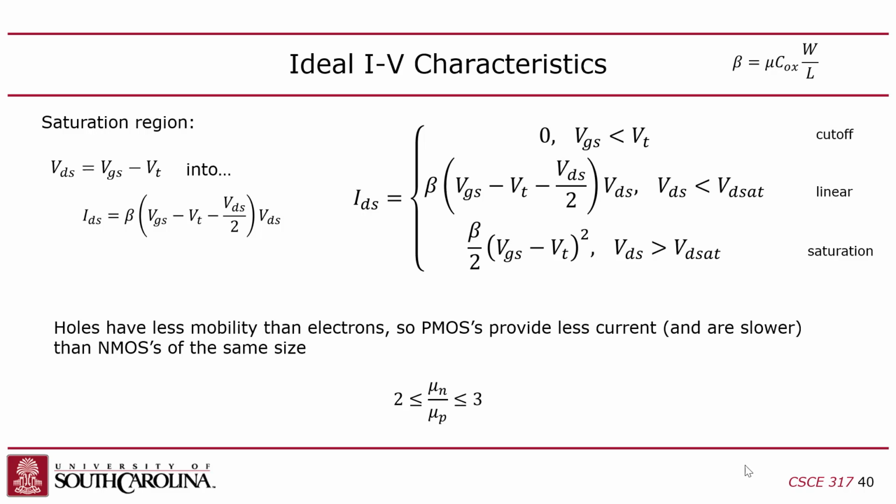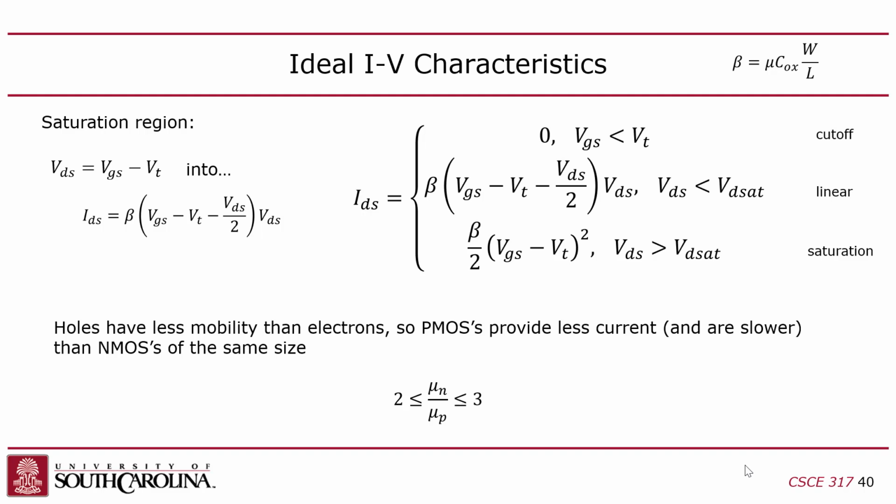Okay, so once you hit the saturation region, the current is no longer a function of the drain source voltage. The drain source voltage is out of the equation, and now it's only a function of VGS minus VT, the threshold, right?